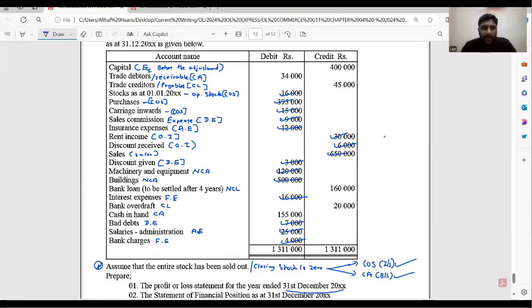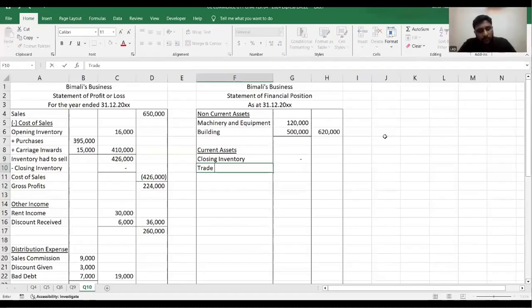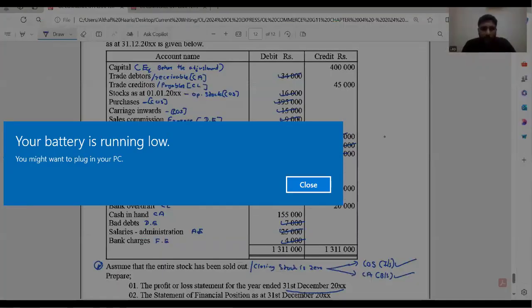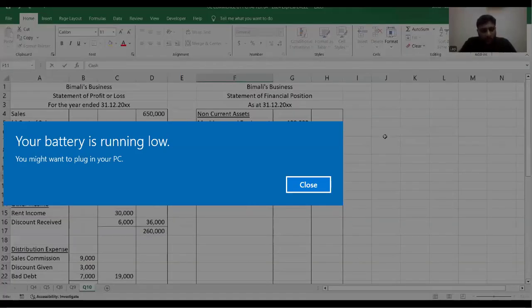Then we have trade debtors 34,000. Cash in hand 155,000.